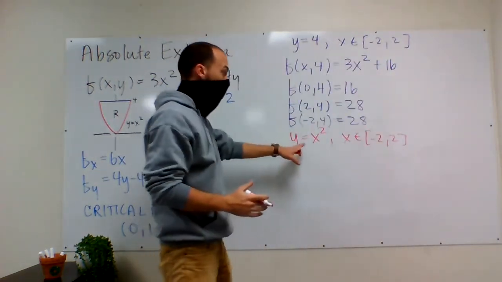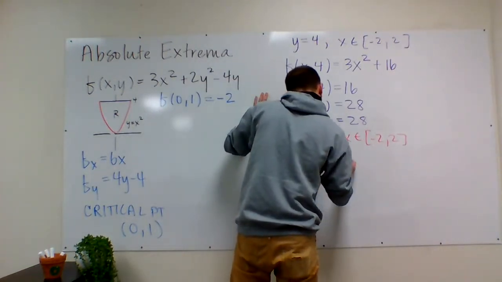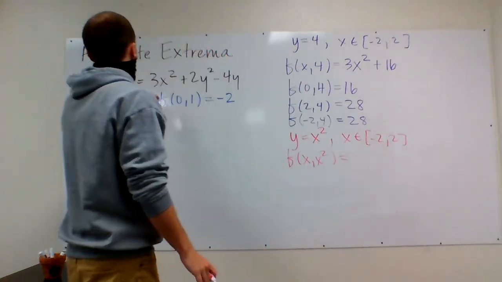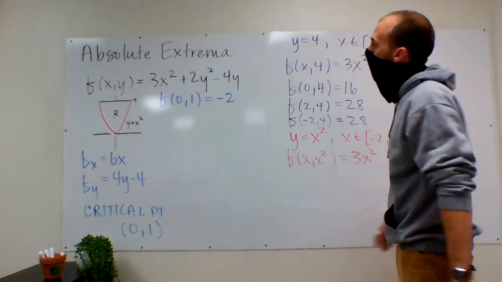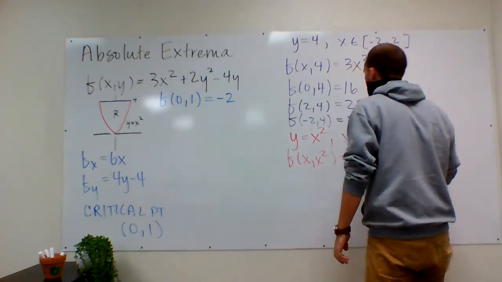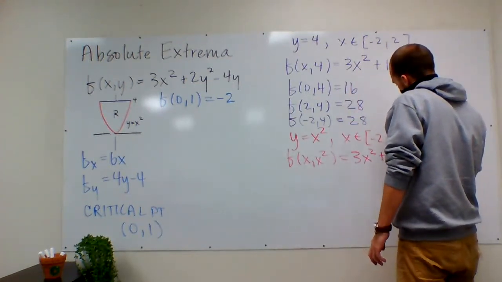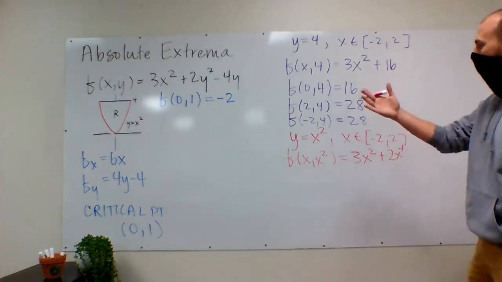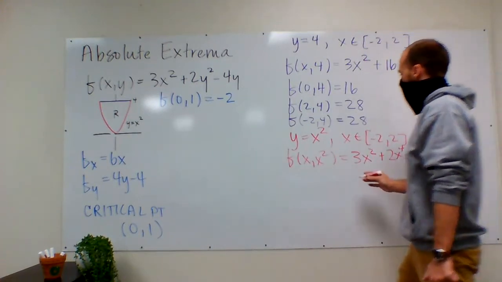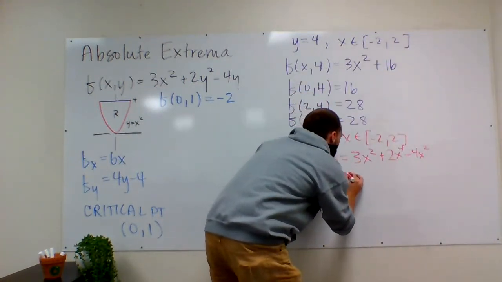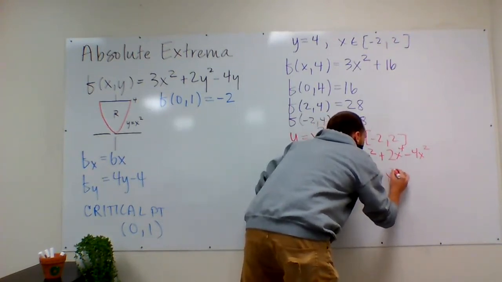So I'll just plug in x squared for y, so I'll have f of x and x squared, and that will be, okay, 3x squared plus 2y squared, which is 2x to the fourth. And then negative 4y would be negative 4x squared. And so I'll just rewrite this as 2x to the 4 minus x to the 2.